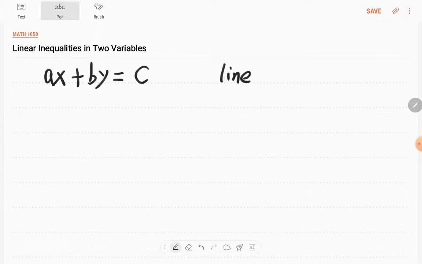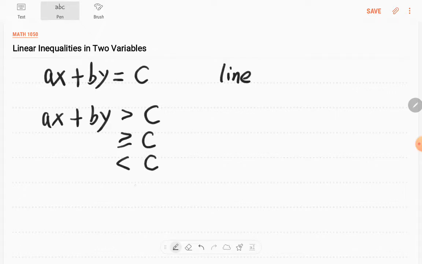And what about the linear inequality? Linear inequality is given by this kind of form: ax plus by greater than c, or greater than or equal to c, or less than c, or less than or equal to c. Okay? So this is called linear inequalities in two variables, x and y.